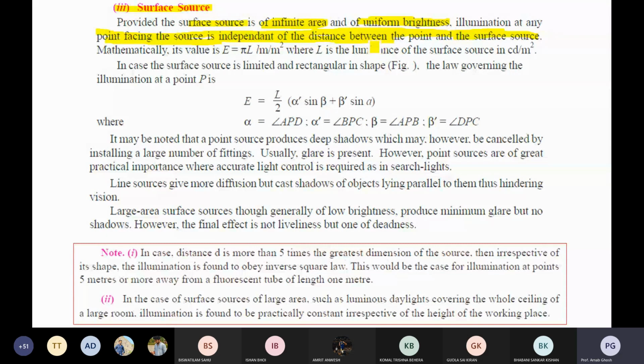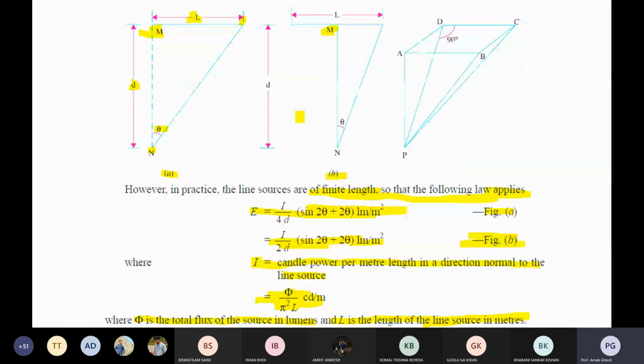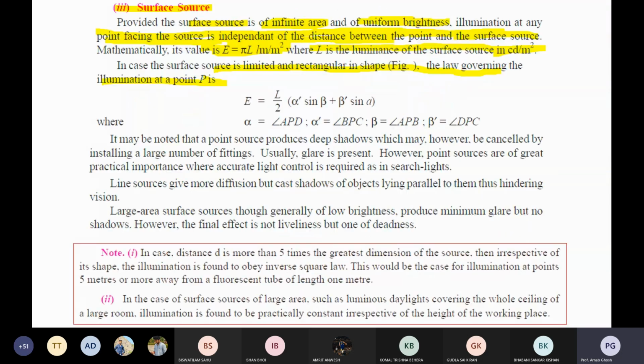In this case, the surface source is of limited rectangular shape, and the illumination is given at the point P. From figure B, point P is there, and since you have considered a surface, it is in 3D. So what is your illumination? E equals L by 2, (α' sin β + β' sin α).